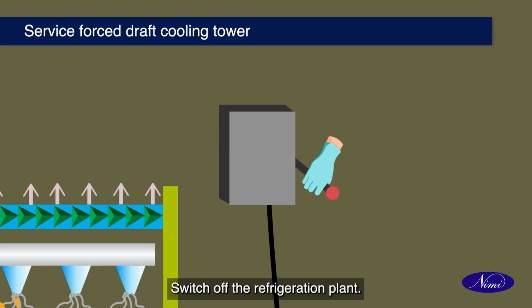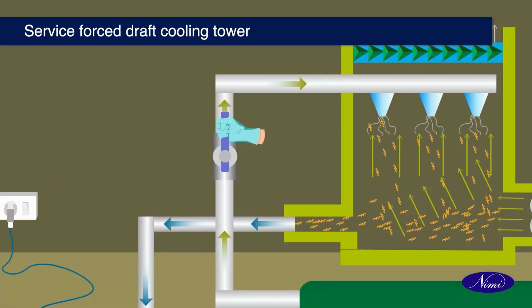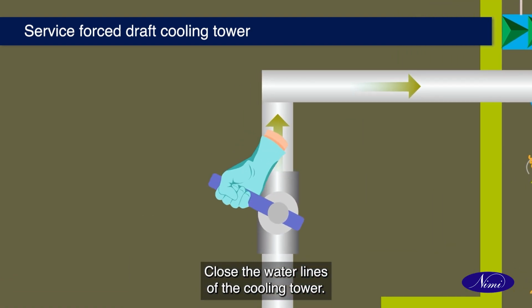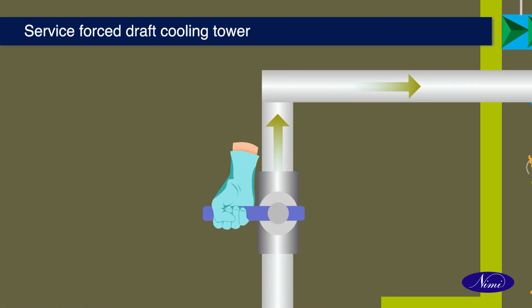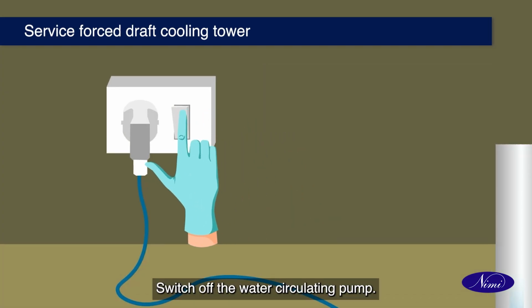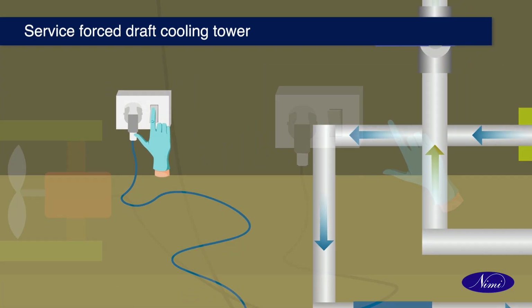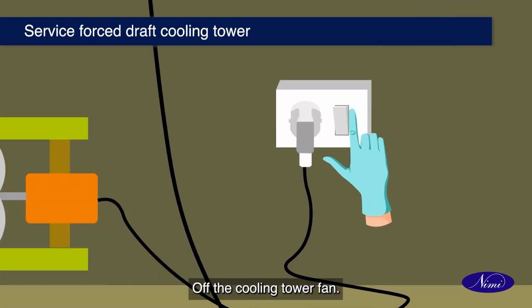Switch off the refrigeration plant. Close the water lines of the cooling tower. Switch off the water circulating pump. Off the cooling tower fan.